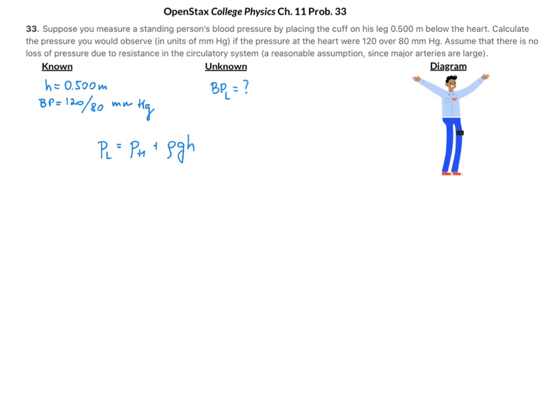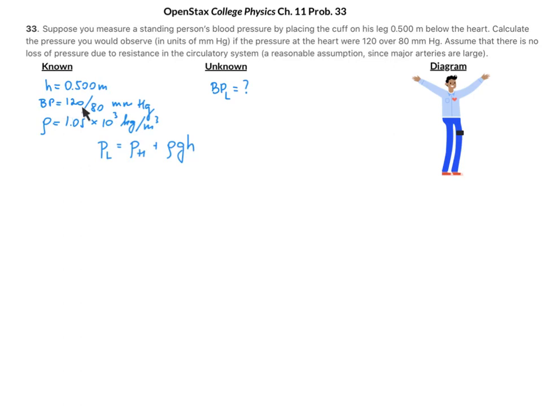Now, there are several things to consider here. One is the density of blood, which is given in a table to be 1.05 times 10 to the third kilograms per cubic meter. That's just a little bit more than the density of water. If we multiply density in kilograms per cubic meter by g in meters per second squared and height in meters, this quantity will be given to us in newtons per meter squared, or pascals.